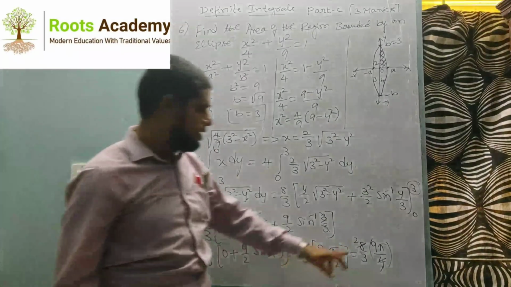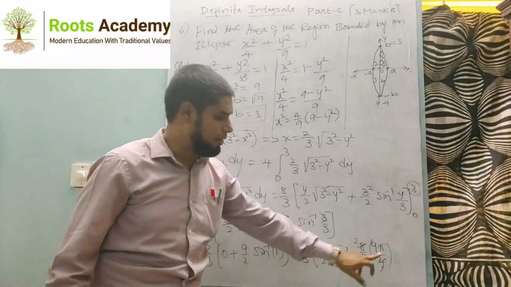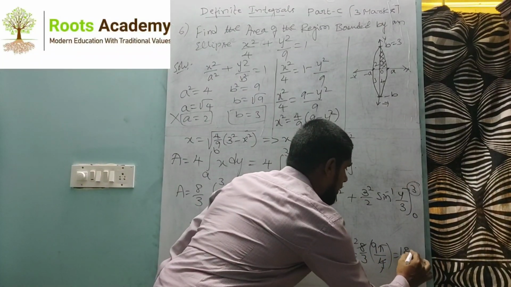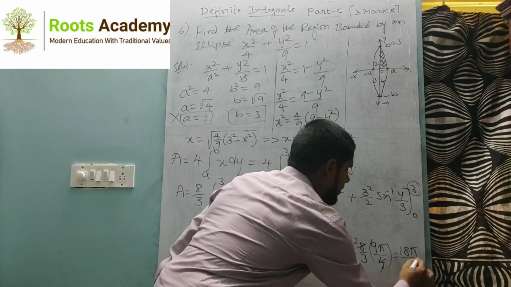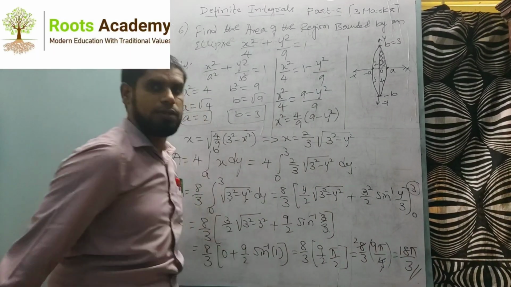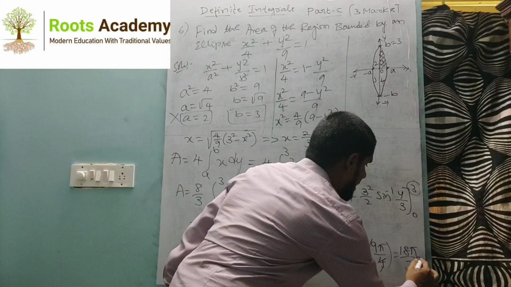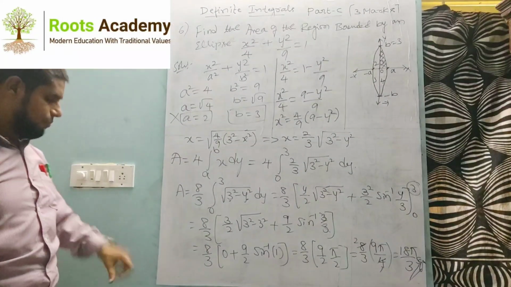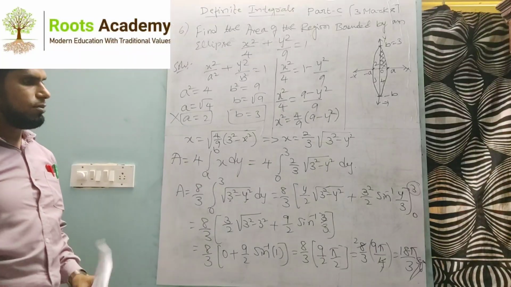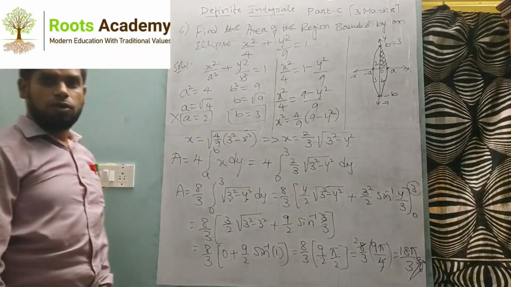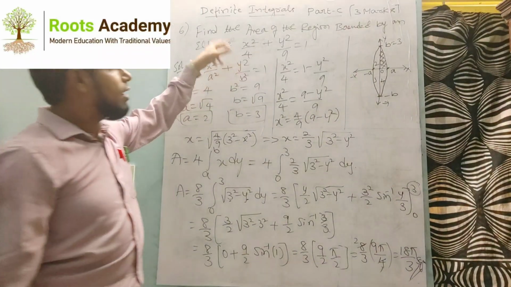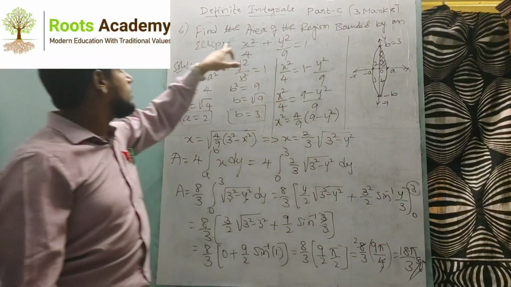What is the final answer? 2 nines are 18 pi divided by 3. 18 pi divided by 3 square units. This is the final answer. Student, I hope you understood the problems based on curve and line, based on the quadrant, and based on the ellipse.